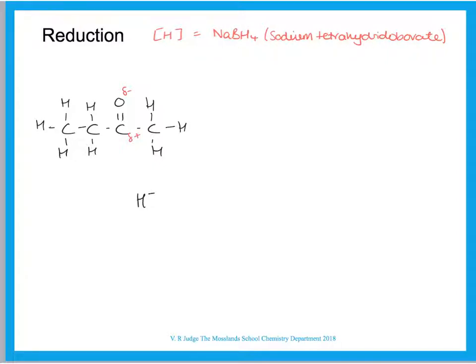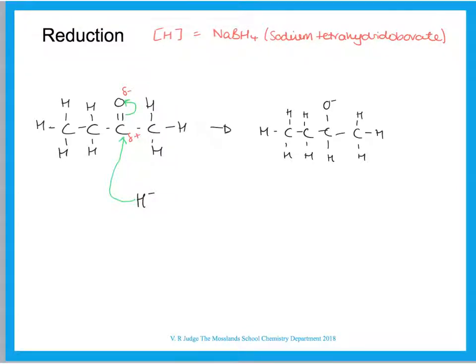We then get attack of the electrons sitting on the hydride ion. They attack the carbon atom, which is delta positive, so they are attracted to the partial positive charge, and these incoming electrons repel electrons in this carbon-oxygen double bond. So those electrons move up onto oxygen in exactly the same way as before.